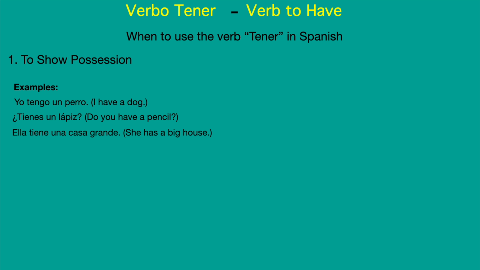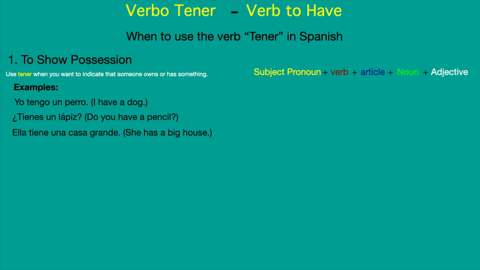Then we have una, which is the article for the feminine. Casa is feminine. Una casa, and then how is the house? Grande is big. She has a big house. We use it only when you want to indicate that you own or have something.